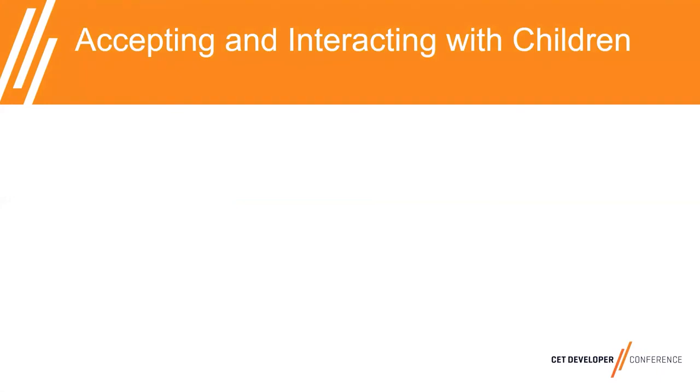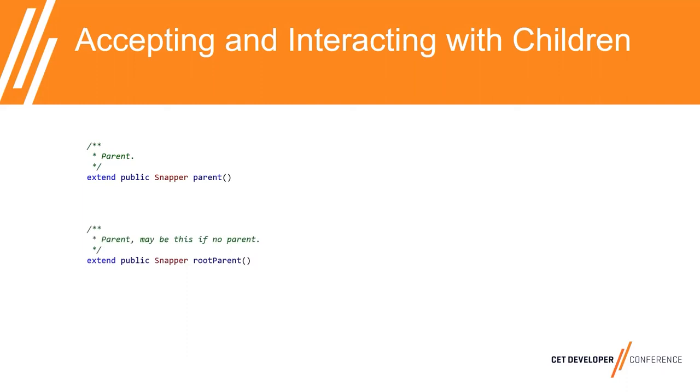So once you have this relationship set up, obviously you're going to want to know who your parent is. Sorry about that. You're going to want to know who your parents are, who your children are, things like that. So we have a couple of helpers for that as well. For example, you can always ask for your parent. This will return your immediate parent if you have one.